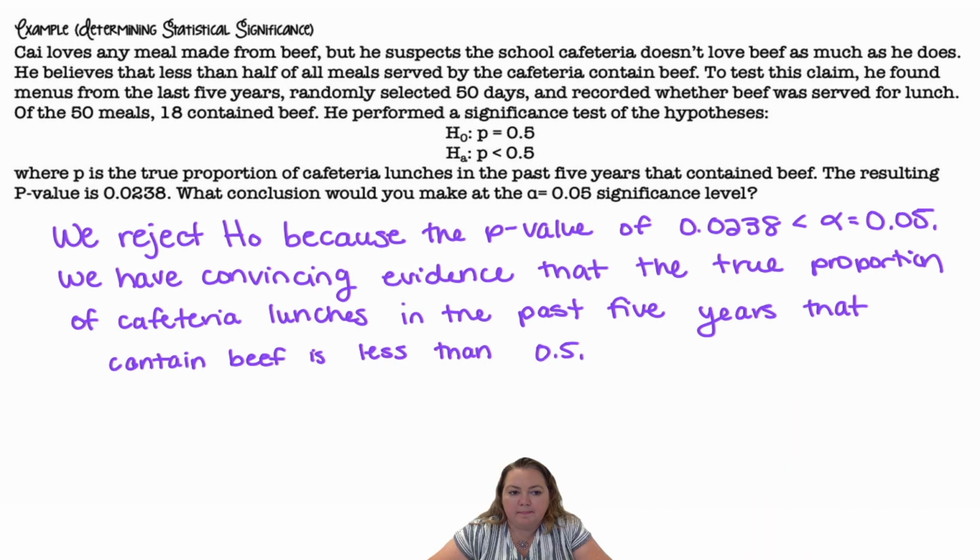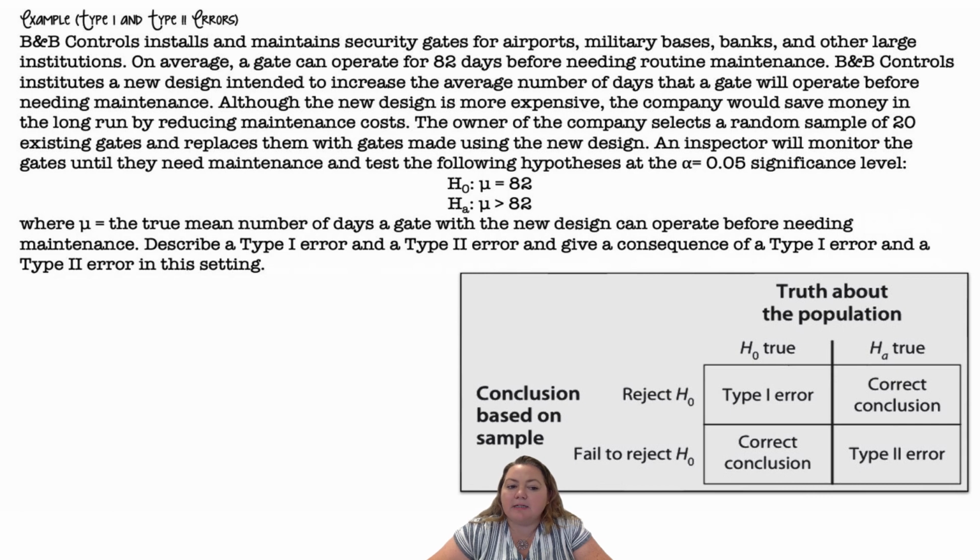All right. An example of type 1 and type 2 errors. B&B Controls installs, and maintains security gates for airports, military bases, banks, and other large institutions. On average, a gate can operate for 82 days before needing routine maintenance.